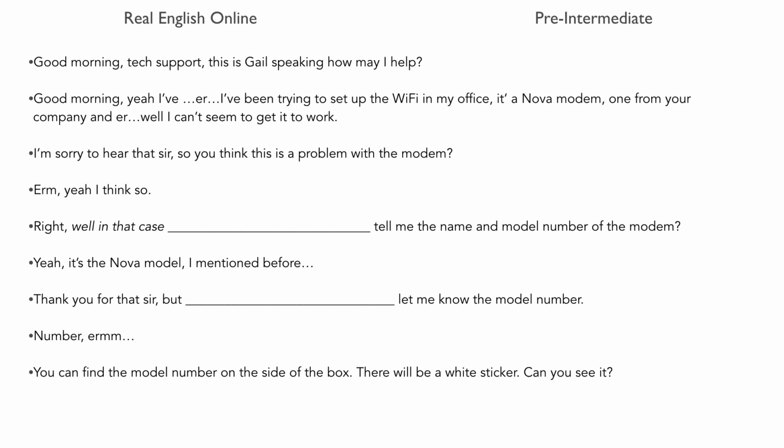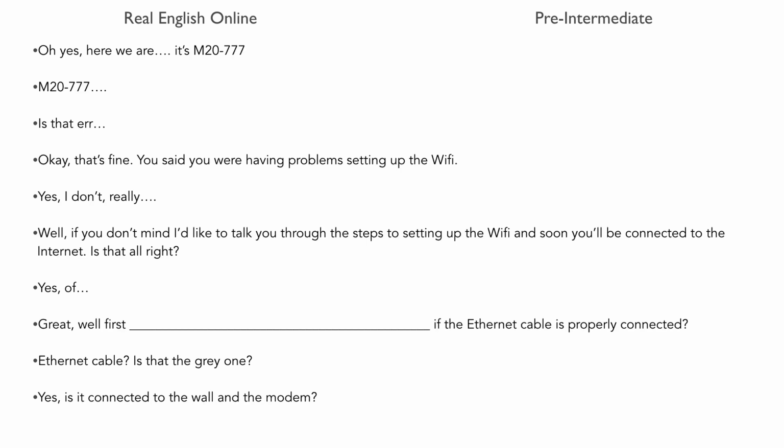Yeah, it's a Nova model I mentioned before. Thank you for that, sir, but could you please also let me know the model number? Number? You can find the model number on the side of the box. There'll be a white sticker. Can you see it? Oh yes, here we are. It's M20777. M20777. Okay, that's fine.